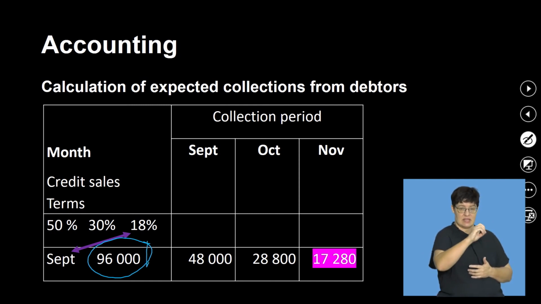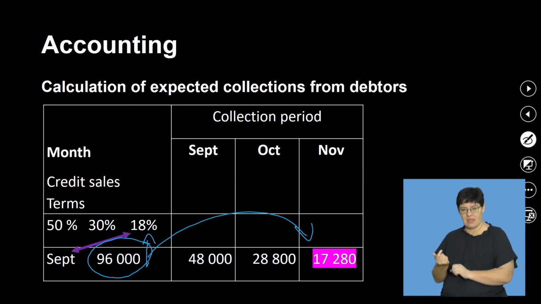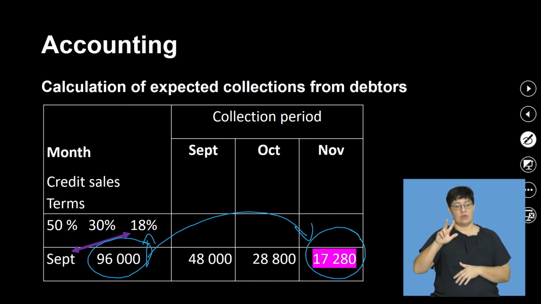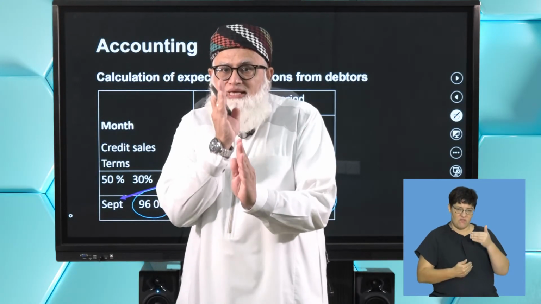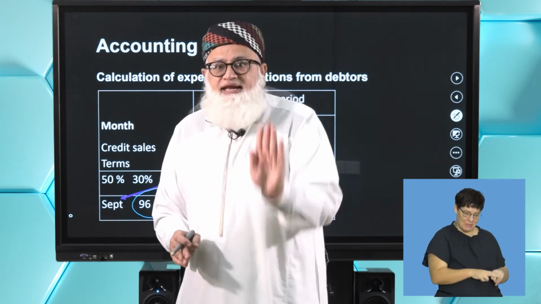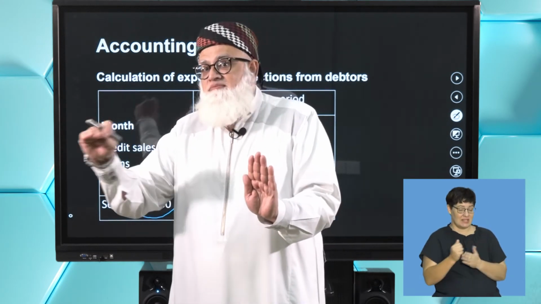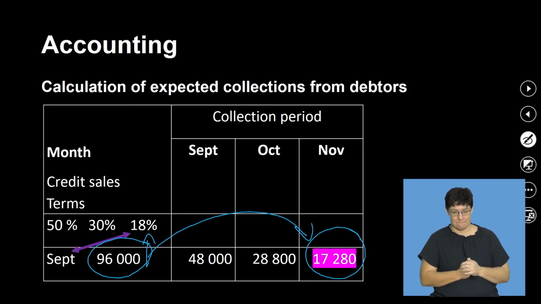Remember, it's the 18%. I've shown you the calculation. There you can see it impacts on my November, and the figure is 17,280. Notice the pattern. You will see how each collection is dependent firstly on the credit sale and then the terms of agreement with our debtors. Okay, next one.